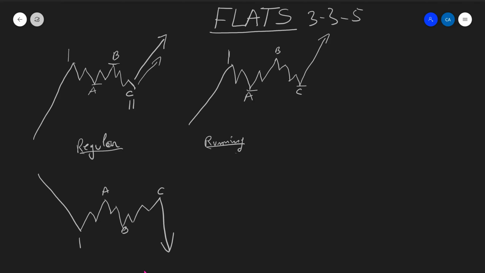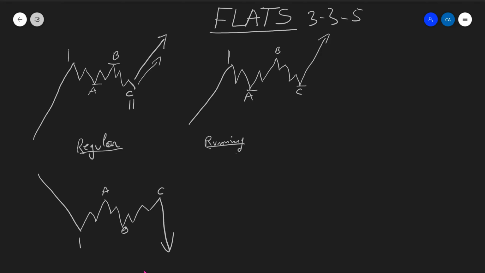So you want to get above there, 127, 138 of this A wave to the upside, and then the C wave will usually get equality with this wave A. So you will get 100% C versus A. You can get some multiples of that, it's fine, but in a running flat, you're not going to get the C wave coming below the origin of the wave A.